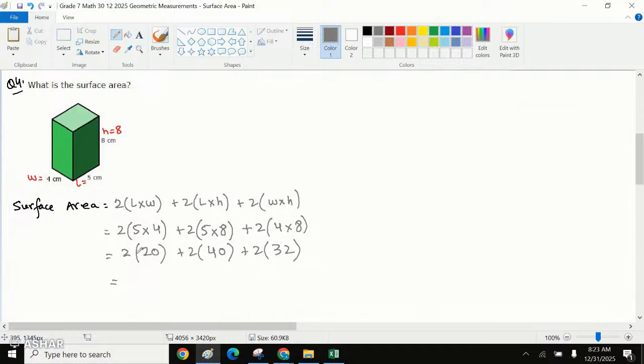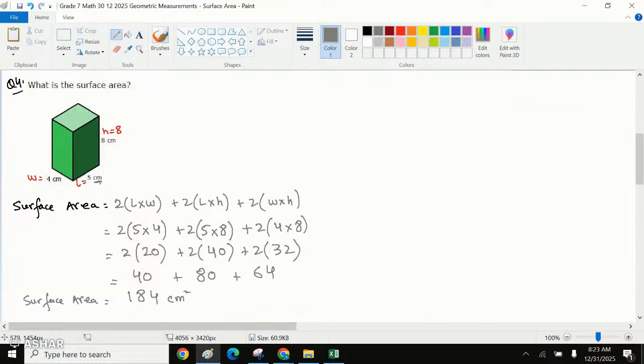So 2 multiplied by 20 is 40, 2 multiplied by 40 is 80, and 2 multiplied by 32 is 64. When we add them together, 40 plus 80 is 120, plus 64. The answer for the surface area of this cuboid comes out to be 184. The unit is centimeters, and we write centimeter square.